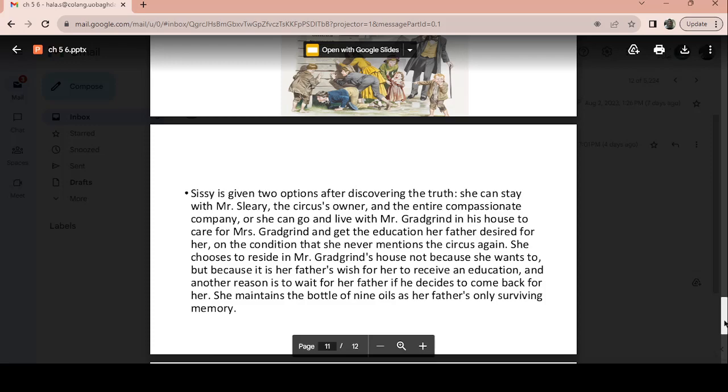So Mr. Gradgrind, after seeing that the father had left his daughter, was feeling for her. He was feeling sad, but he did not want to show that.